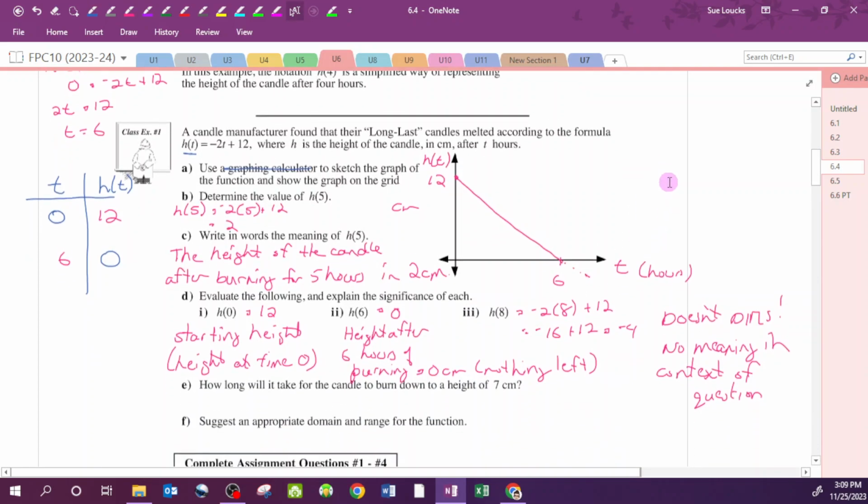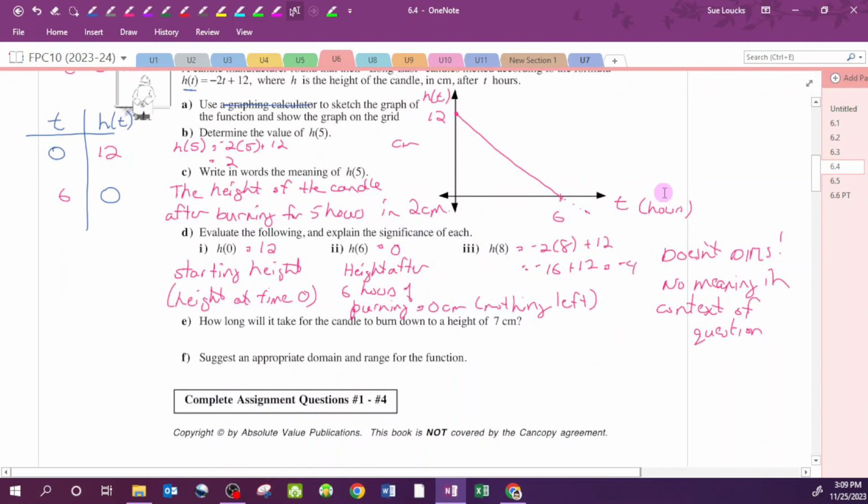How long will it take for the candle to burn down to 7 centimeters? Well, that means we're looking for h of some time is 7, because that's the y we're looking for, right?